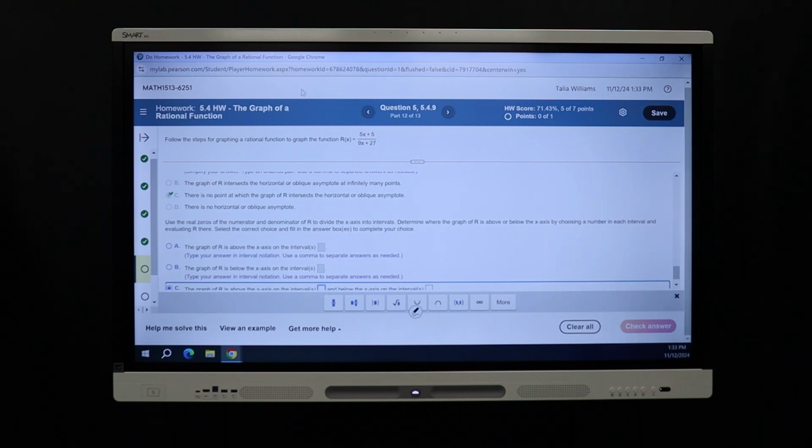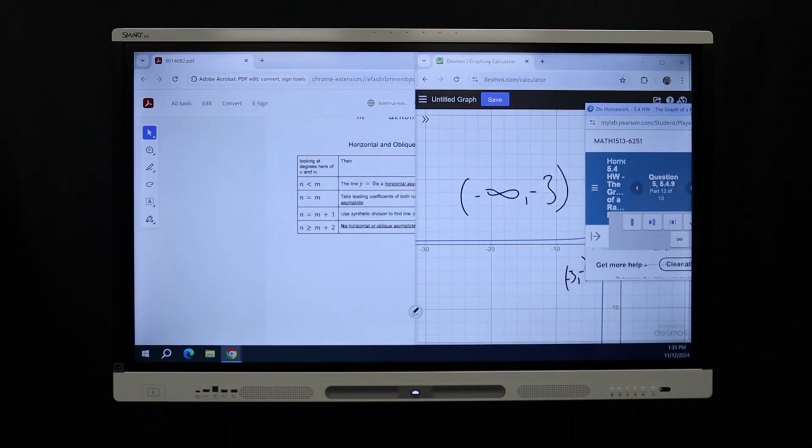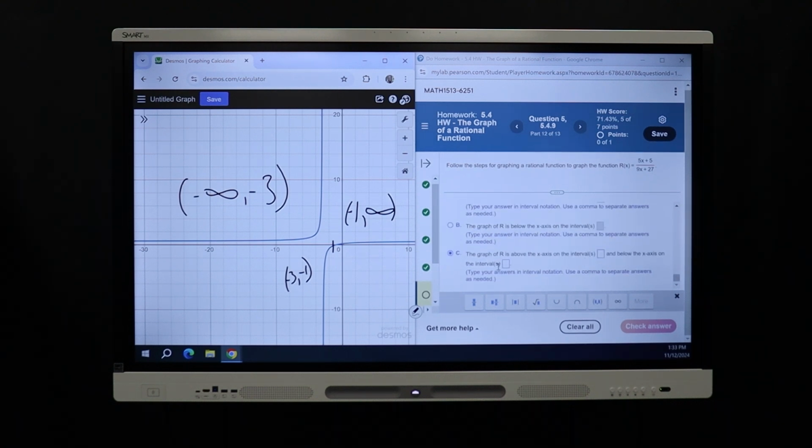Let me do this too for this part. Guess I swapped them, but it's okay. Back to this part. So it is above the x-axis on negative infinity to -3. Use a comma to separate them. -1 to infinity.